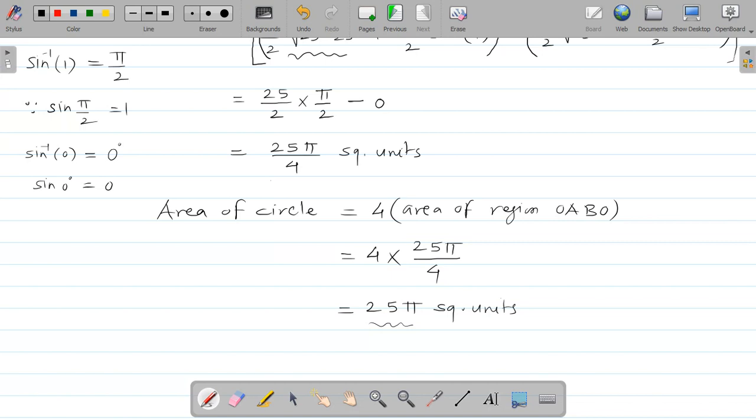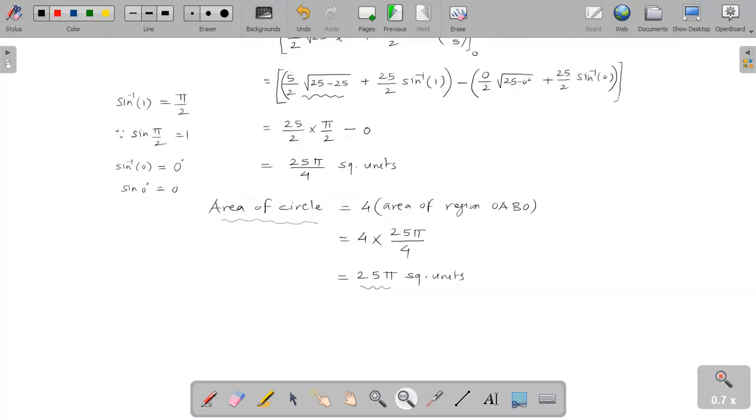But how to use the definite integration to get the area of the circle, that part is very important. So the original geometrical formula is pi r square, by which also you will get the area 25 pi. But here we have to apply definite integration to get the area of the circle, and it is 25 pi. So try to solve this type of questions from your given exercise.